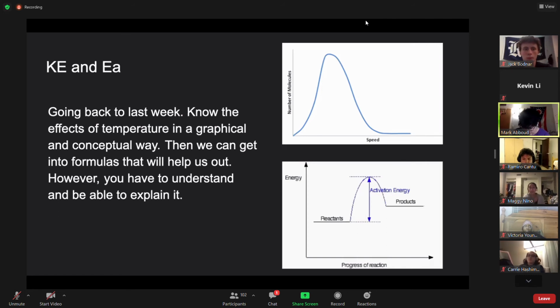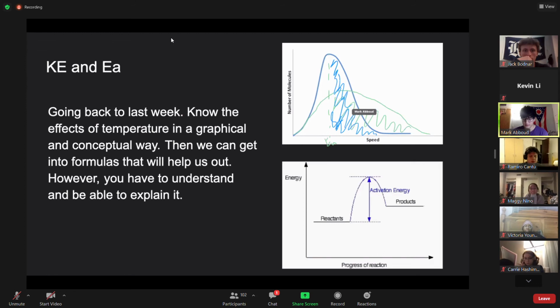I think Jack touched mainly on this, but I'll go over it quickly: how the Maxwell-Boltzmann distribution changes with an increase in temperature. If we have an activation energy right here, then after we raise the temperature, there's a greater number of molecules or atoms that have the energy needed in order to react, which would be the integral of the line.